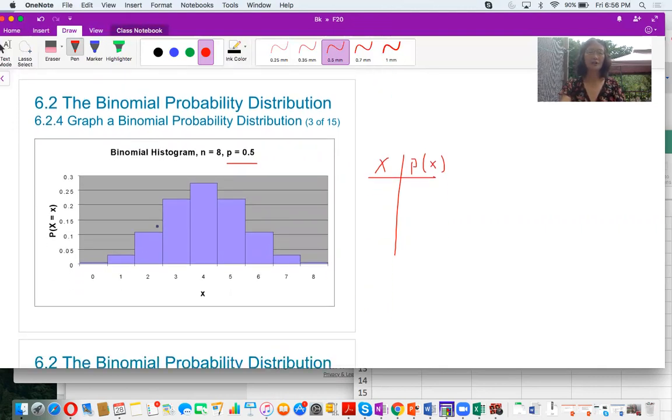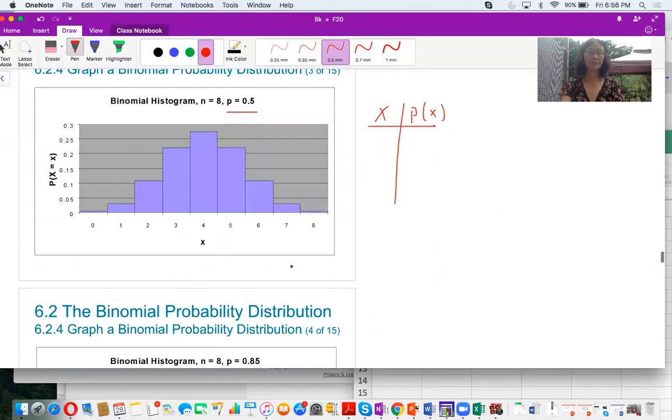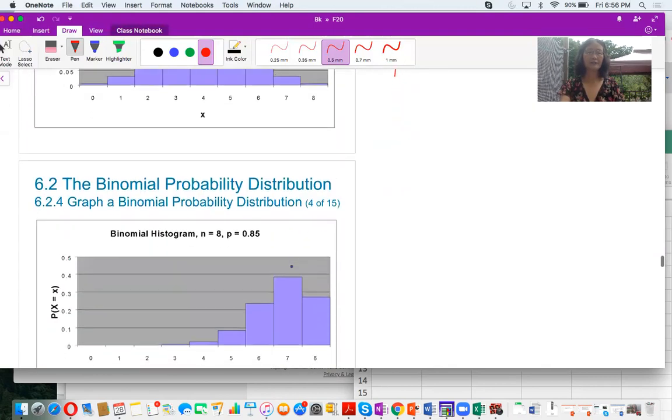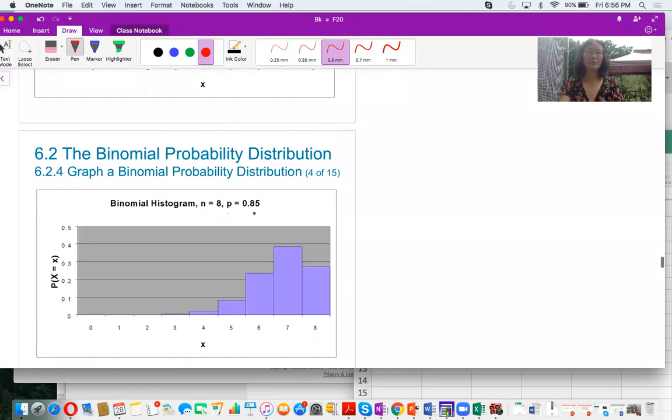And then you draw the histogram. And this one is the probability 0.85. So again, you select variable x, then probability of P(x), and you get this histogram.